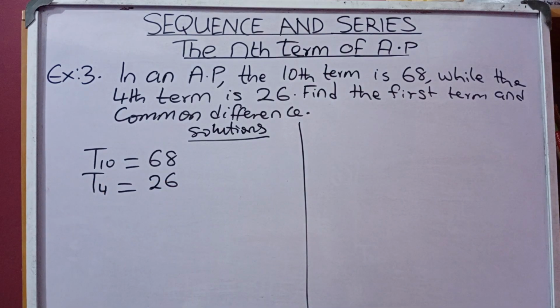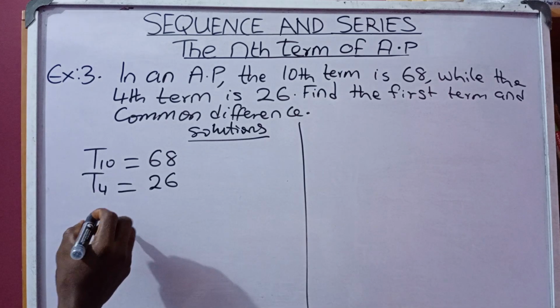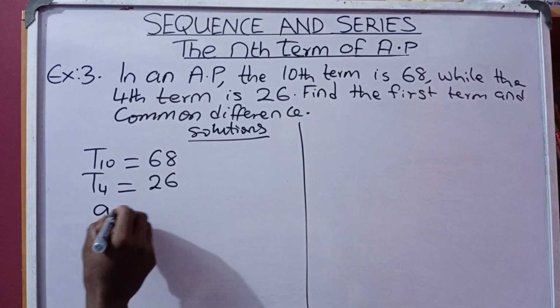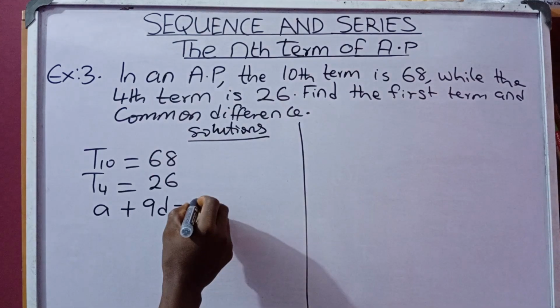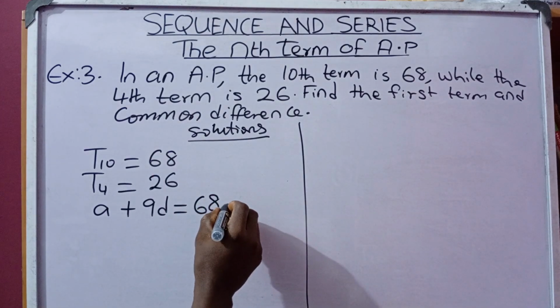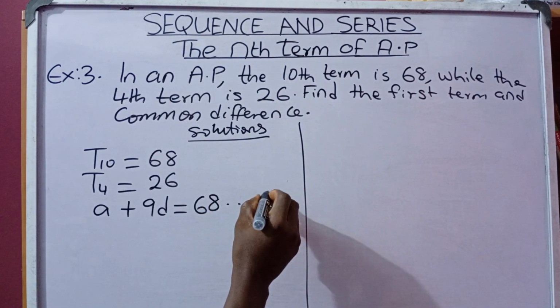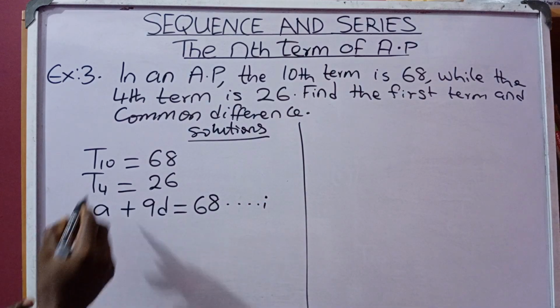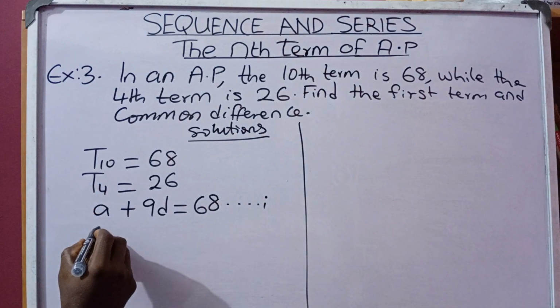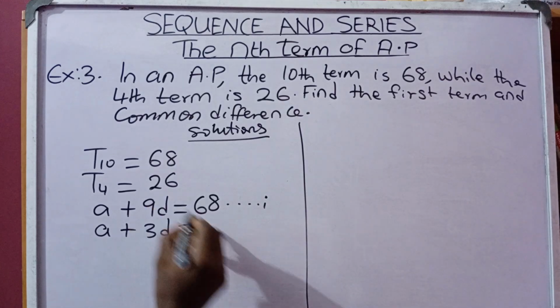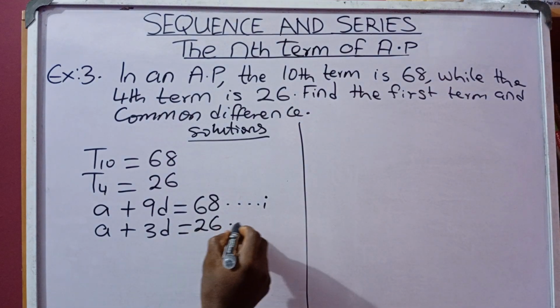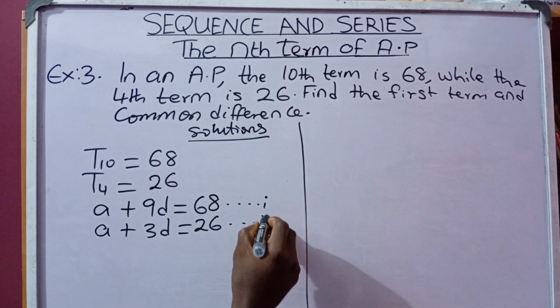We are going to be converting this into equations. For the 10th term, how do we write the 10th term? That will be A plus 9D is equal to 68. We call it equation 1. So let's convert this one into an equation. That will be A plus 3D equal to 26. We call it equation 2.